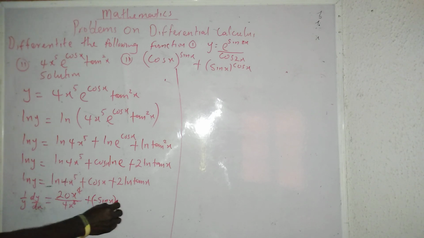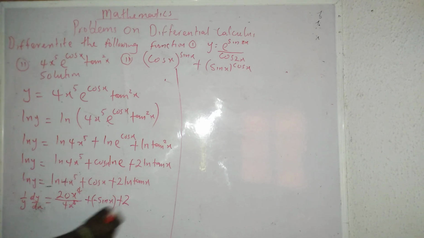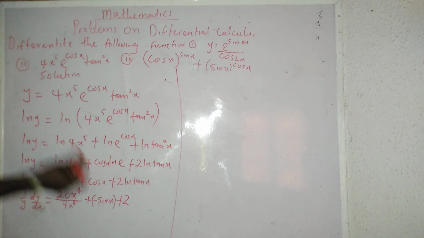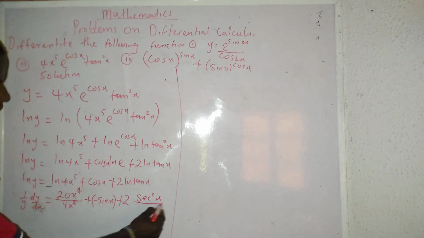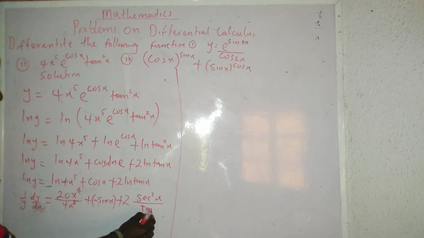Now, plus, differentiating 2 ln tan x, I will surely have 2, and differentiating tan, I will have sec^2 x divided by tan x.